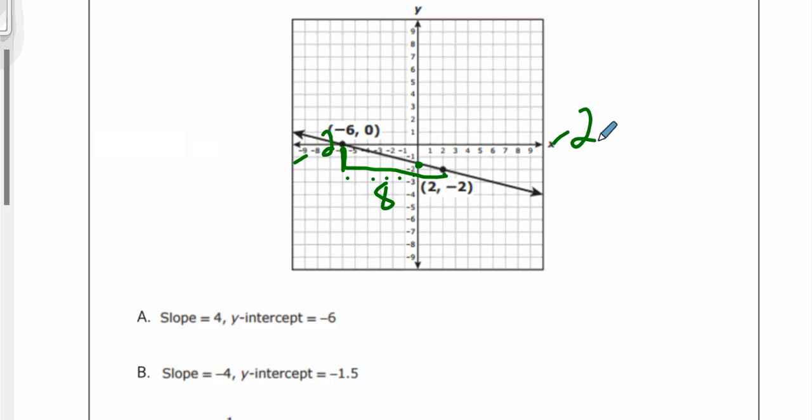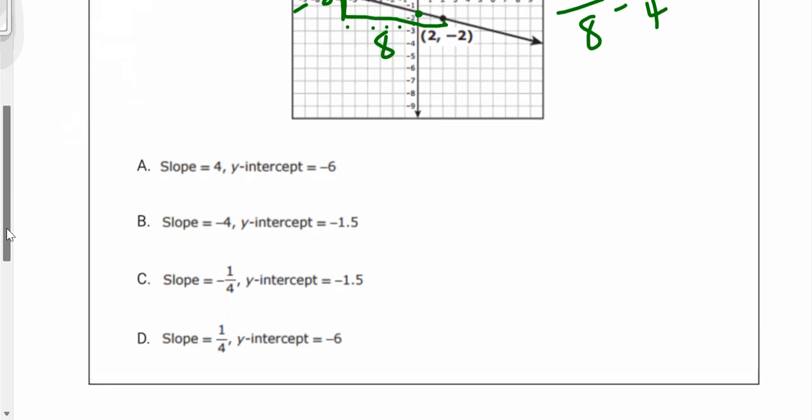So -2 over 8 equals -1/4. So my slope is -1/4. So it's going to be C.